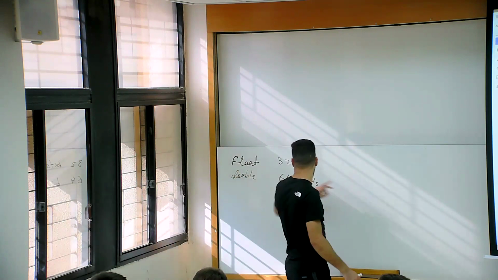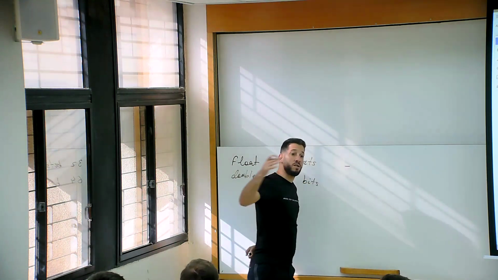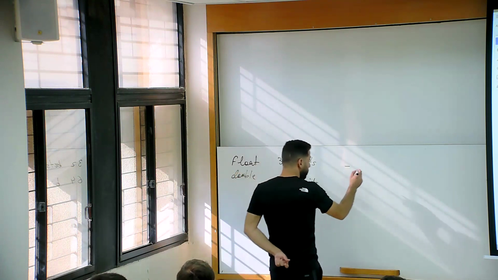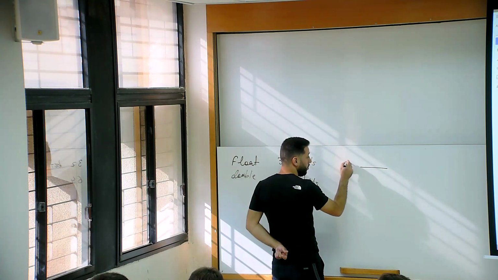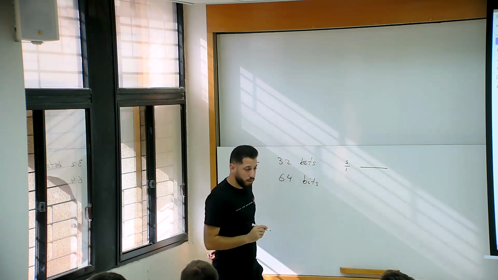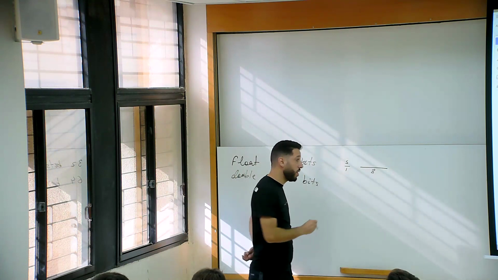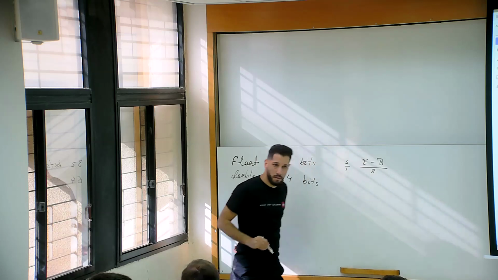So when we have a float, we store in these 32 bits, in the first bit, what is called the sign. We store in another 8 bits what we call the exponent minus the bias.